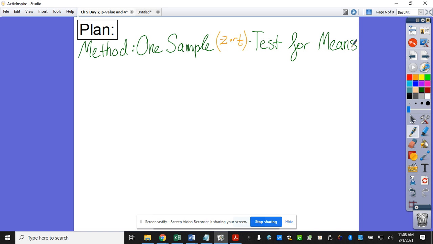And then we check our conditions. What's our first condition?